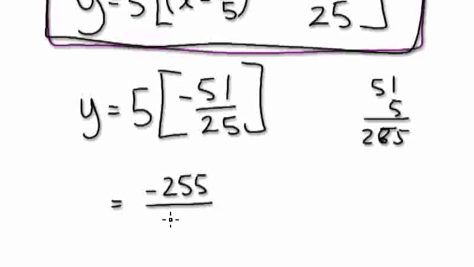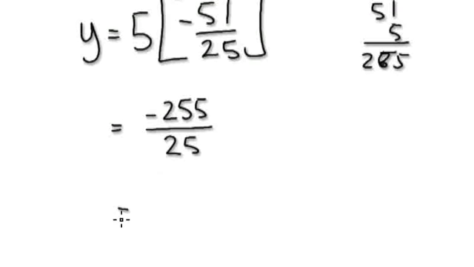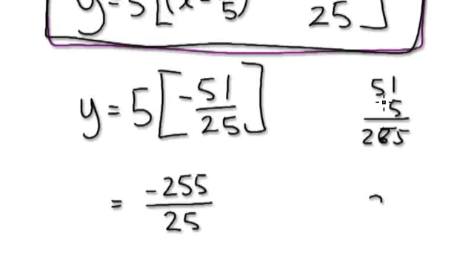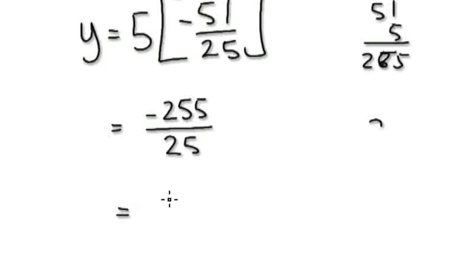So this would be minus 255 over 25. Okay, I'm sure you can simplify this. Let's divide top and bottom by 5. That will be minus 51 over 5.